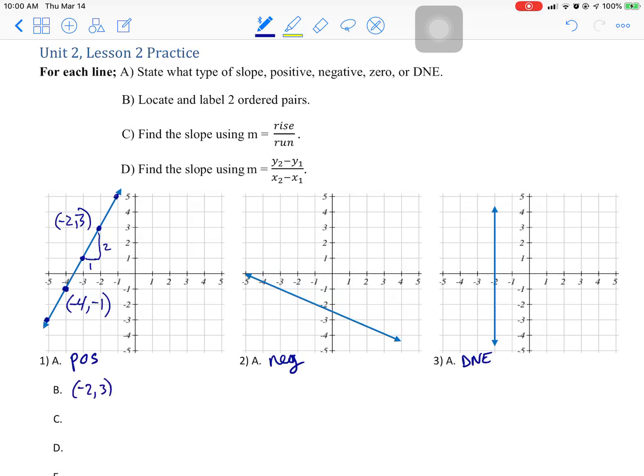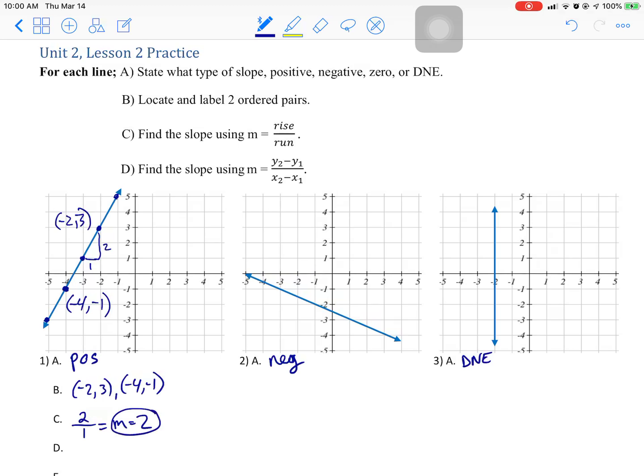This one, 3, and -4, -1. Okay, it said rise over run. So the rise is 2. All right. The run is 1. So that should be a slope of 2.